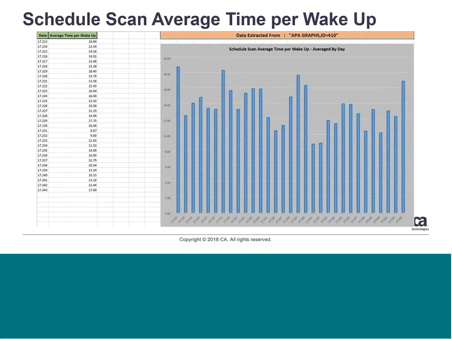We can also look at scheduled scan times based on the amount of time per wake up during the day. So how much activity is going on each time the scheduled scan wakes up to do a scan of the database, do the reprompt, do the late job checking and load jobs in that it selects? How long does it take per time it wakes up as an average across each of the days?